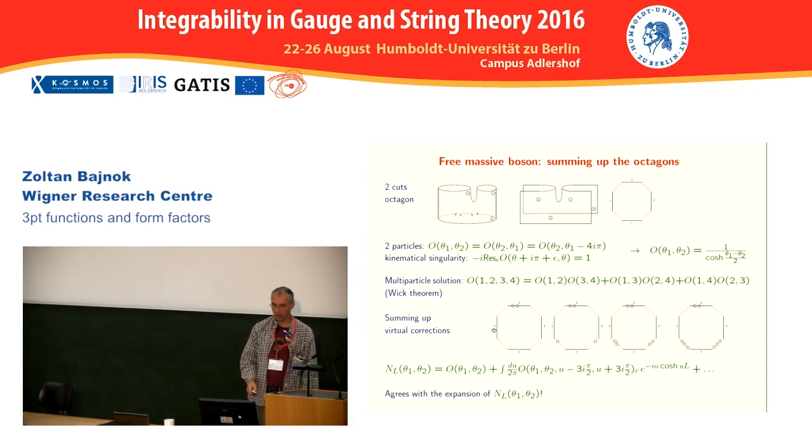So let's try now to sum up the virtual particles in the octagon. So you have an octagon, and then let's put just two particles here. And then I would like to make a gluing procedure here down between these two by including one pair of mirror particles, 2, 3, and so on.